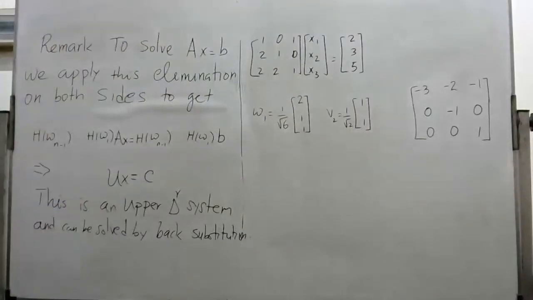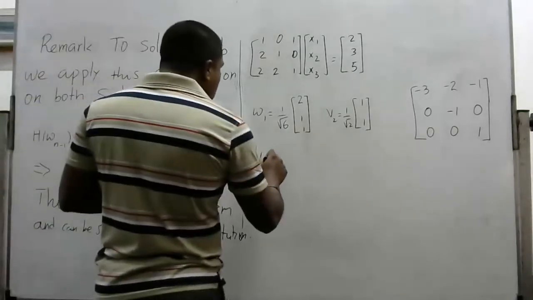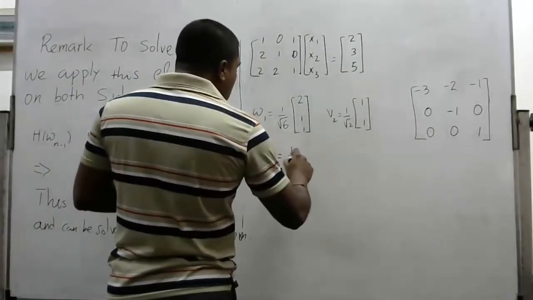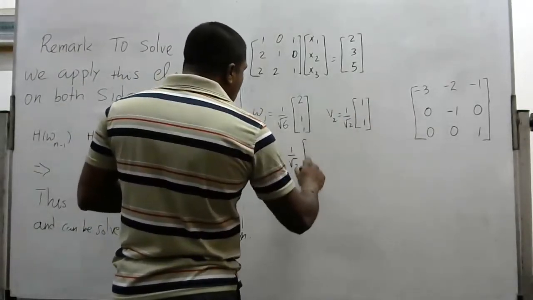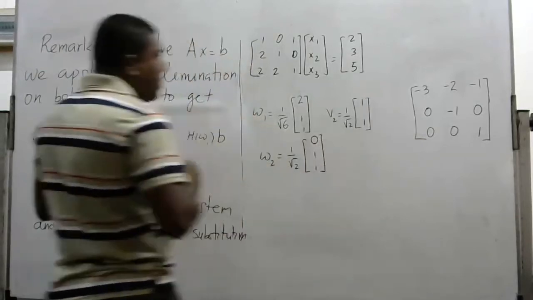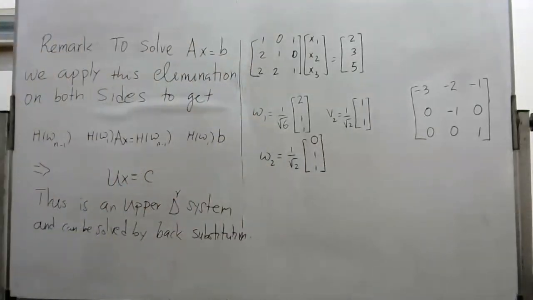But you know that V2 is not enough, you have to get omega 2. So clearly you get omega 2 by putting an extra 0 on the top. That turns out to be 1 upon square root of 2 times 0, 1, 1. Right? So this is what you have.